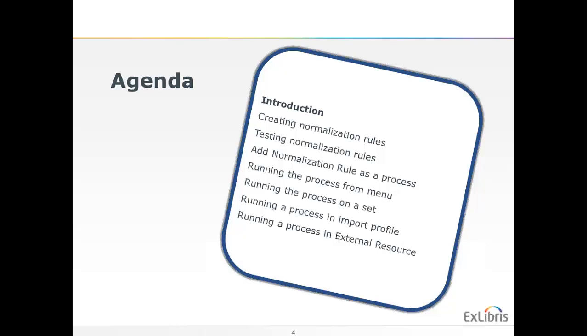We really can't use them until they're added as a process. A process may contain, as we'll see, multiple normalization rules. Then we're going to run the process, which will include one or more normalization rules from various parts of the system.